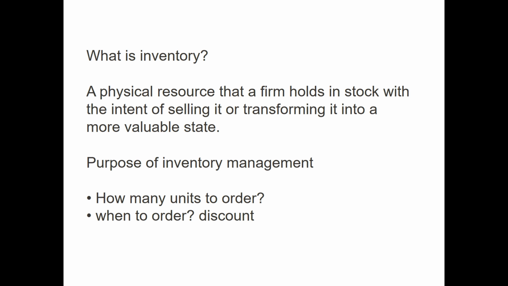Part 1, basic concepts. What is inventory? Inventory is a physical resource that a firm holds in stock with the intent of selling it or transforming it into a more valuable state. And what is the purpose of inventory management? How many units to order? When to order?